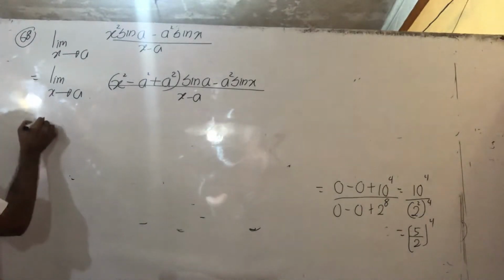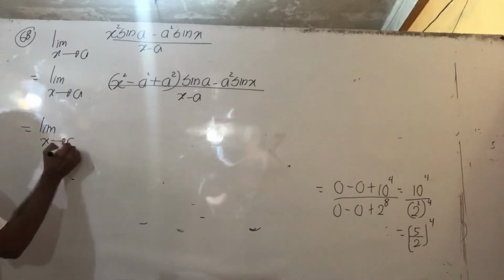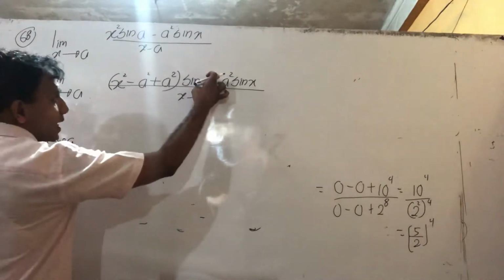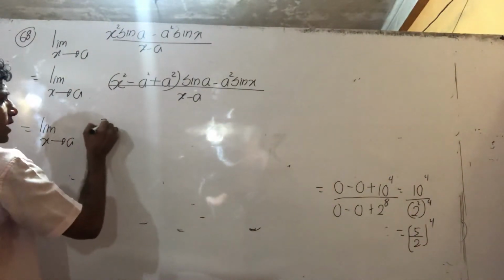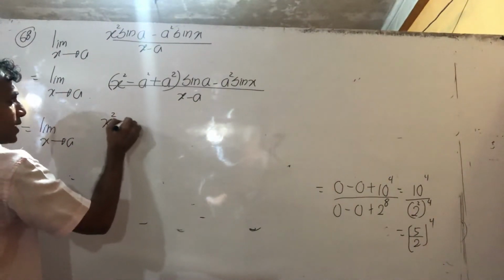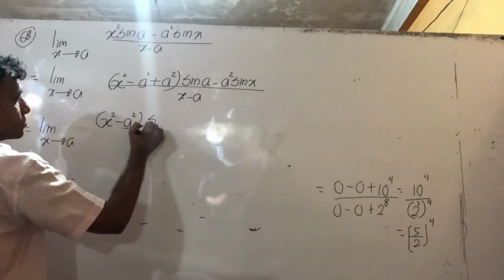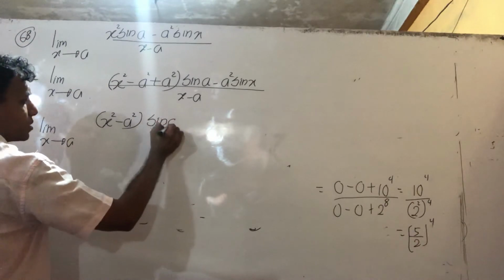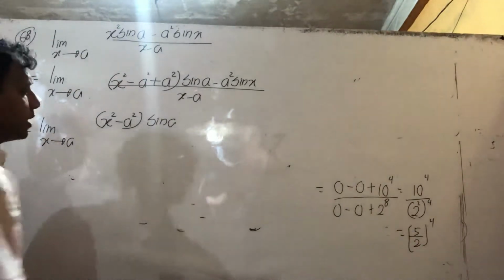Hereafter, by removing the bracket, rearrange the given expression: sine a times x squared minus a squared, sine a. Is it okay?